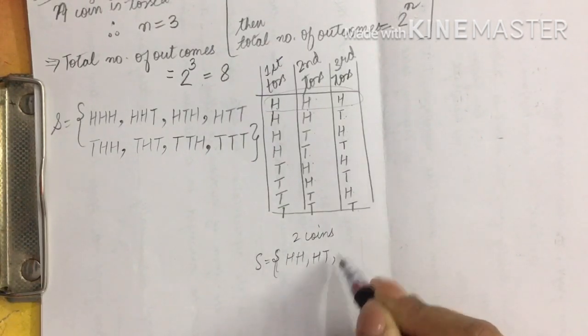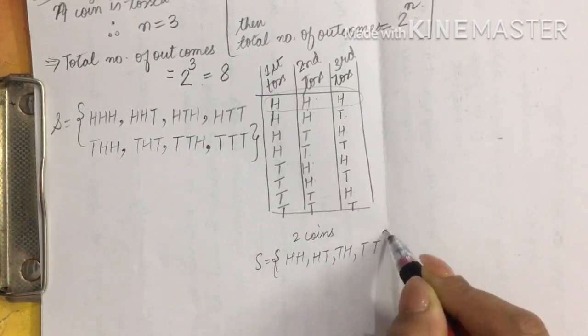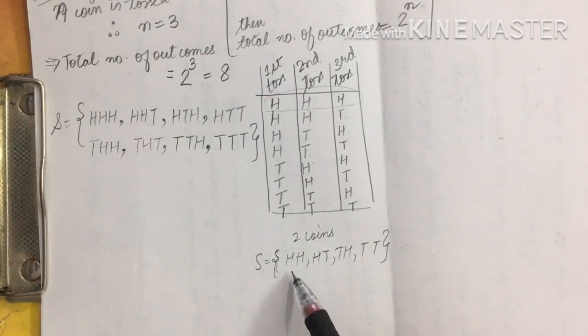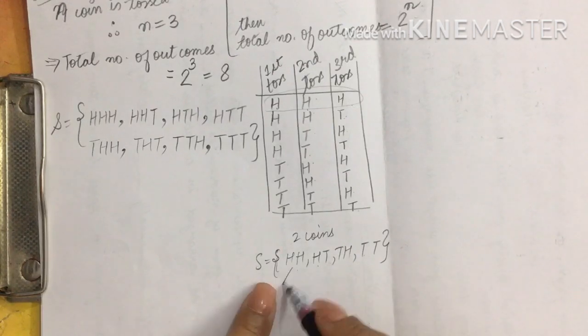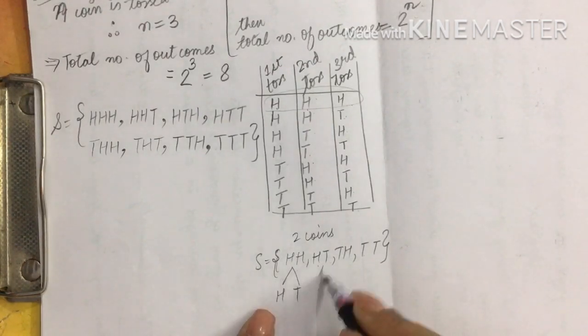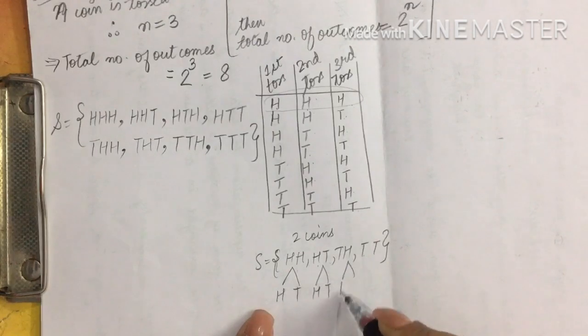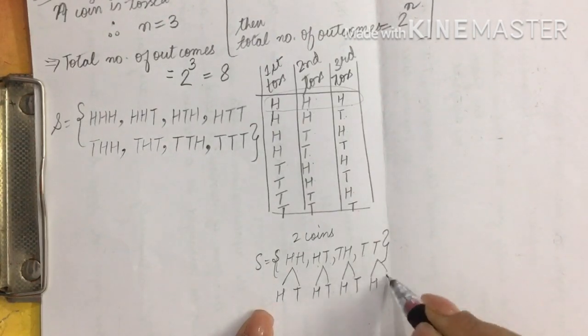So if 2 coins were there or a coin was tossed twice, the sample space would be HH, HT, TH, TT. Now what you want to do is use H and T with each of these. So use H and T with this, H and T with this, H and T with this, and H and T with this.